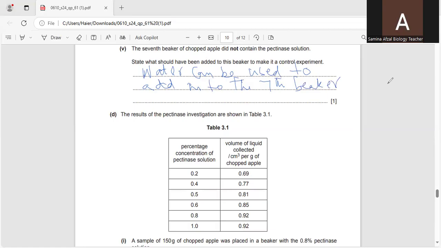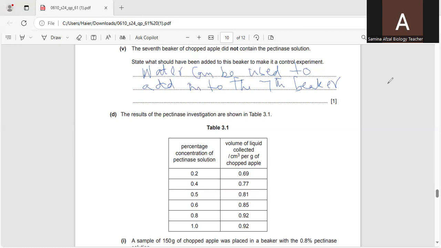So in this way, we are moving towards the next question. The results of the pectinase investigation are shown in table 3.1.